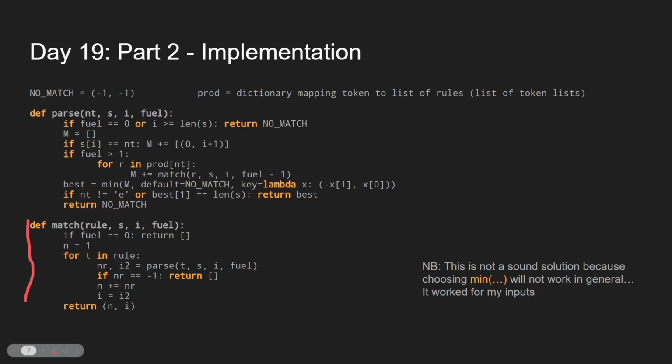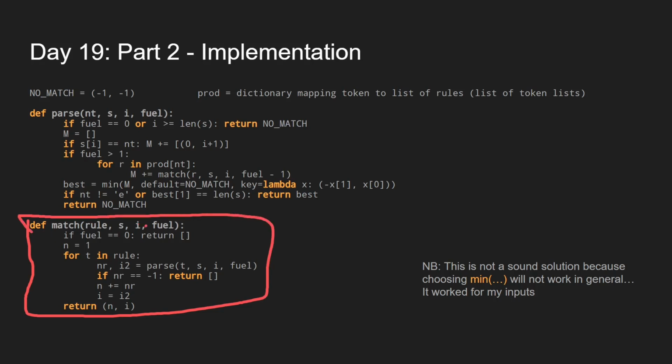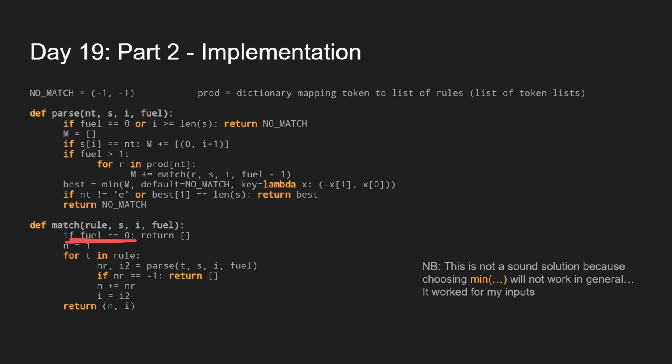Okay, and then the helper function match here is to match a rule at the current position i in the string s. Here we check if we are out of fuel. This is actually not necessary because we have checked this with the if statement above. Anyway, n is the number of replacements that we have performed, and we start with 1 because we are applying one rule here, this given rule.